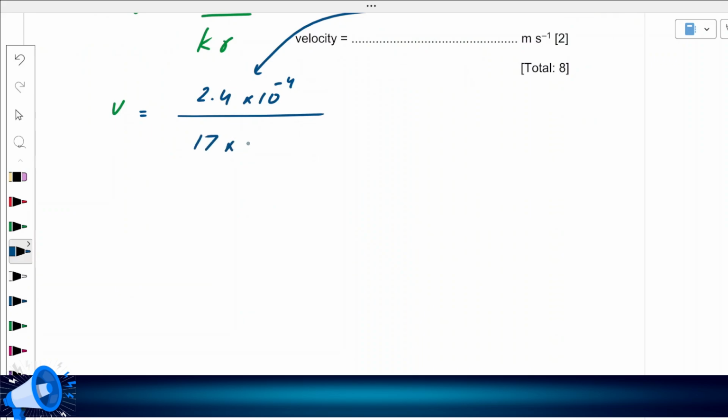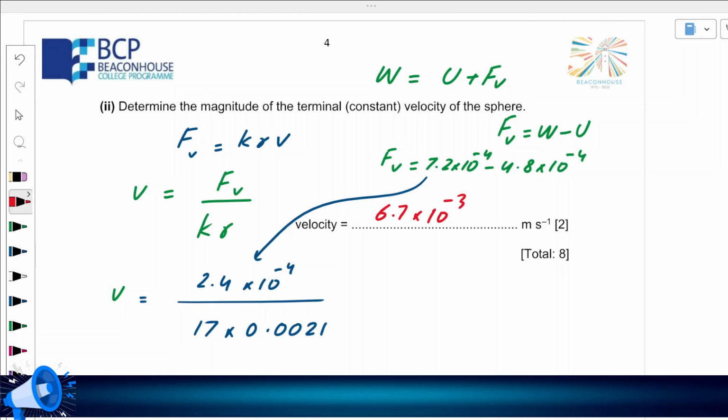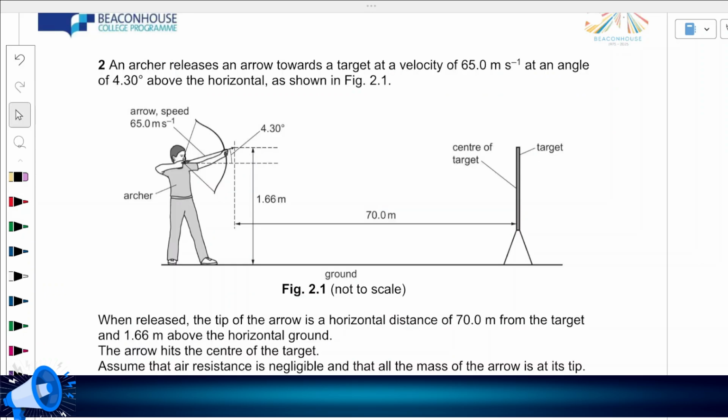And the radius of the sphere was 0.0021. And if you hit it on the calculator in 2 SF, you'll get 6.7 times 10 to the power minus 3. So I did write the answer in 2 SF, but if you want to write in 3 SF, that's also fine. So let's move on to the next question.